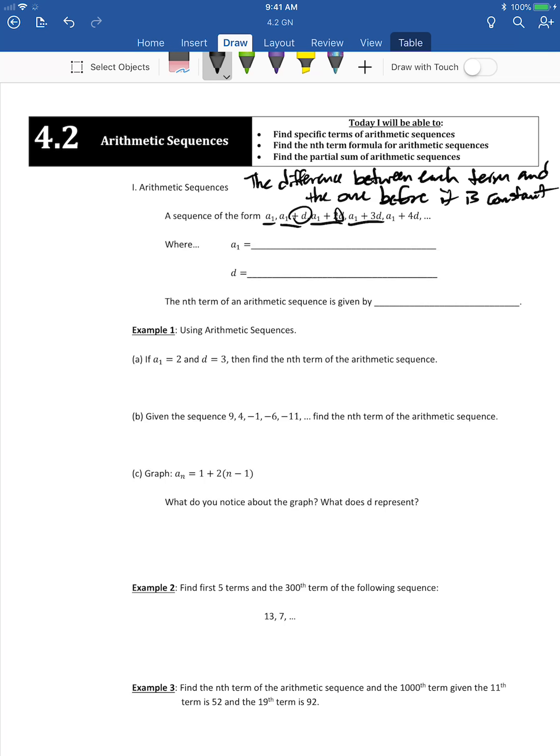So the common difference is d. So d is what we call the common difference. And this will make more sense once we see some examples. And then a sub 1 is just the first term of the sequence.